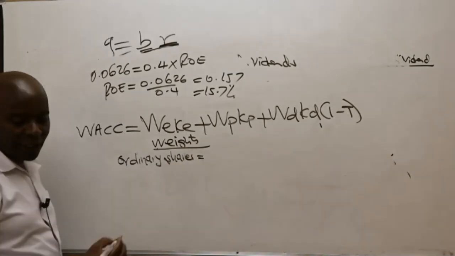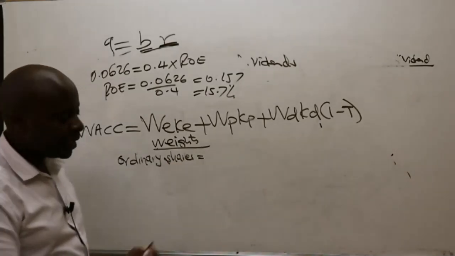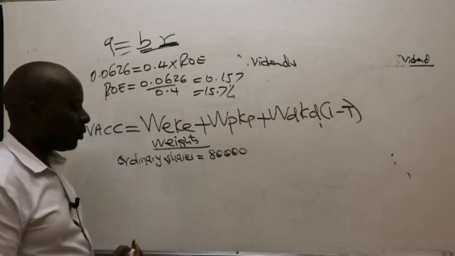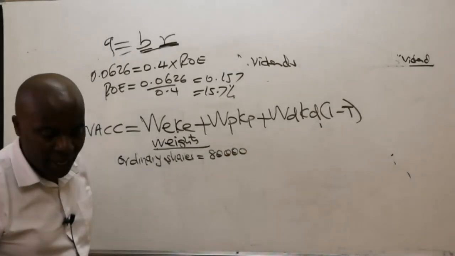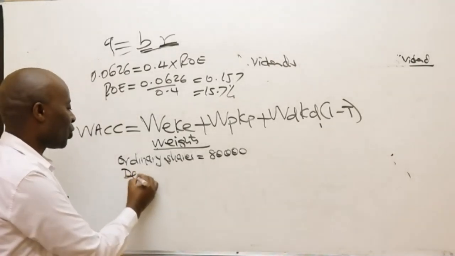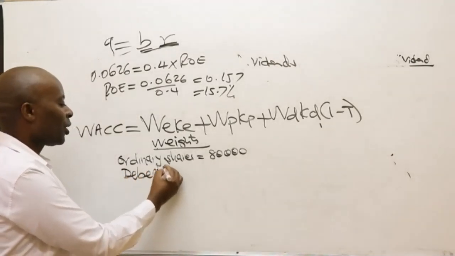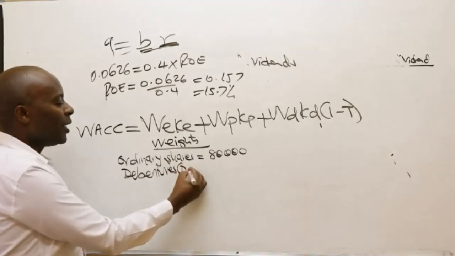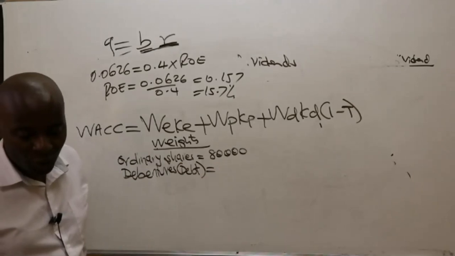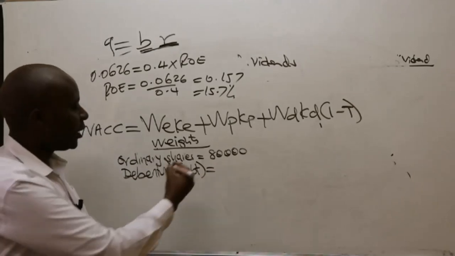What figure are they giving us for ordinary shares? I can see 80,000. From there, the other thing is debenture capital. Debentures are debt instruments. What do we have there for debentures? 30,000.